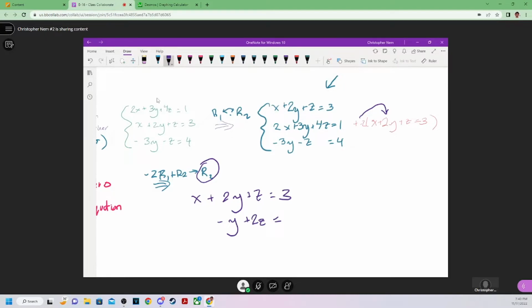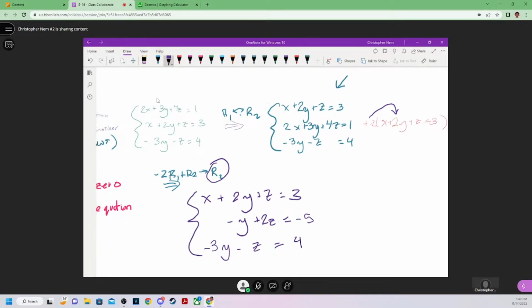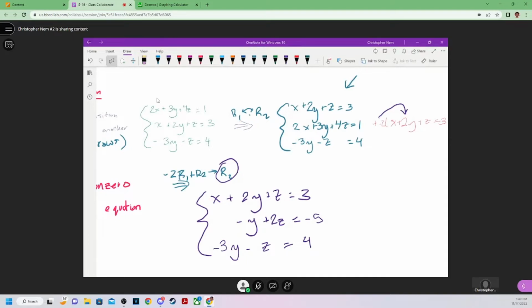And then -2 times 3 is -6. -6 plus 1 is -5. So I get -y plus 2z equals -5. This is my new system. I added to the second row -2 times the first row. So I scaled the first row by -2, but I added it on to my row 2.